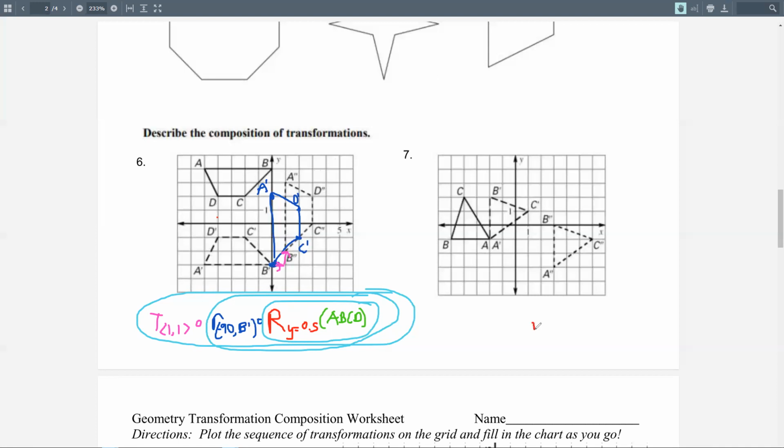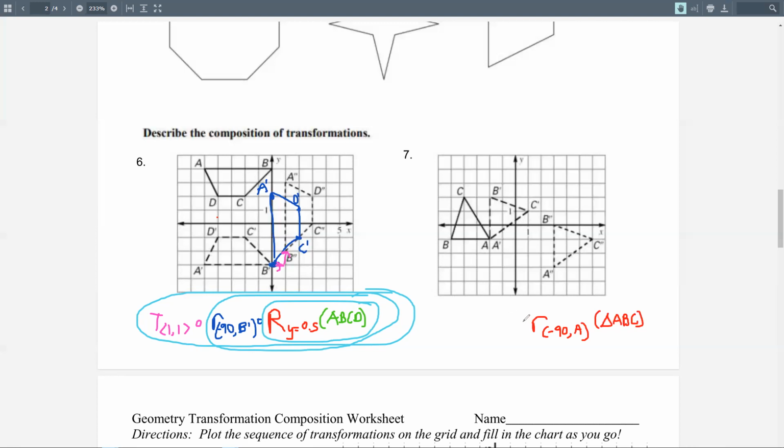Okay, over here, the first thing we're going to do is a rotation. Again, 90 degrees. So I'm going to put negative 90 because it's clockwise. I could also write 270. Around point A. And we're rotating triangle ABC. Okay, and that's going to give us this image A prime, B prime, C prime.